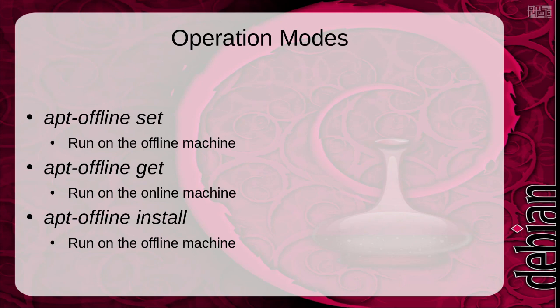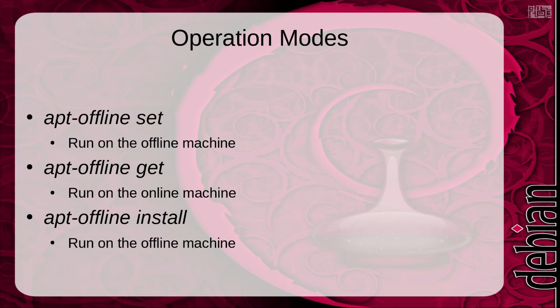The get operation is what actually does the job of getting the actual payload that is required on the offline machine. So get can be run on any machine out there which has a network. It doesn't have to be a Linux machine. APT Offline has been tested well on Microsoft Windows, Mac OS, and obviously Linux.